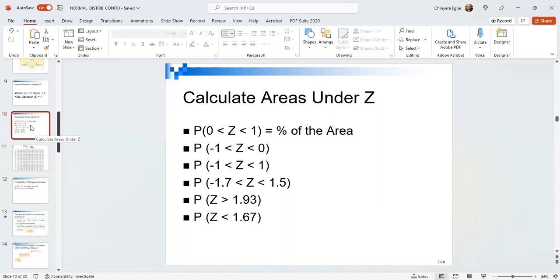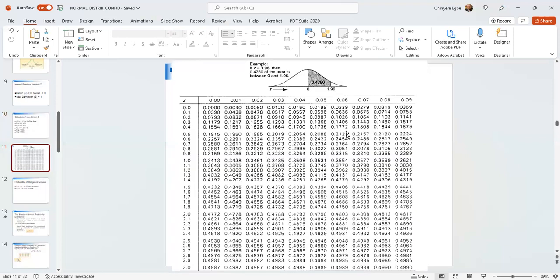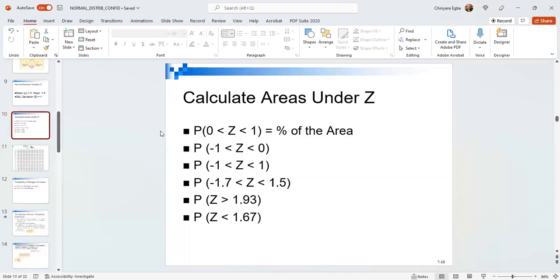So we're going to use the probability distribution table for Z. Like we say, Z has a mean 0 and a standard deviation 1. So what we're going to do then is ask ourselves, under the area Z, what is the probability that Z has a value between 1 and 0?